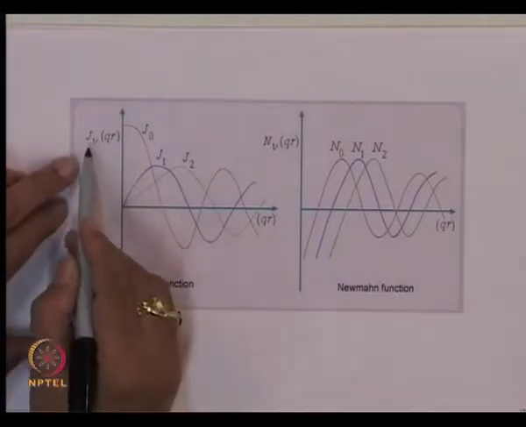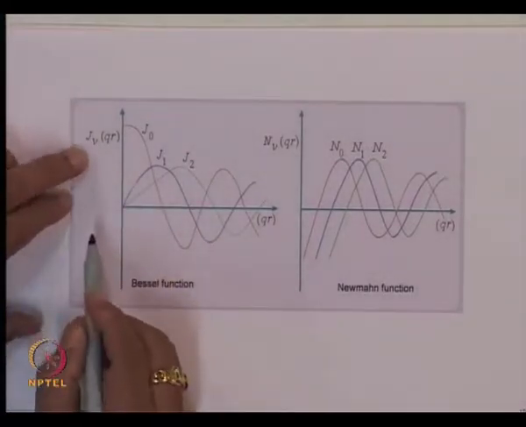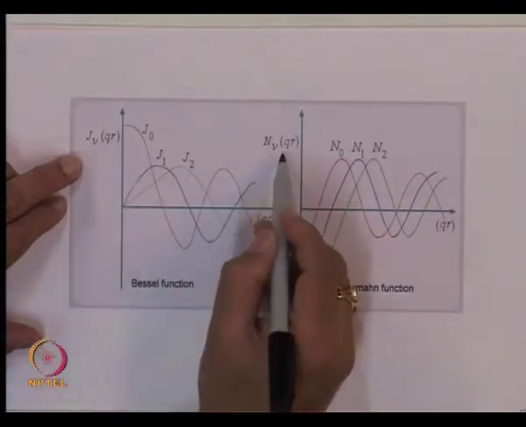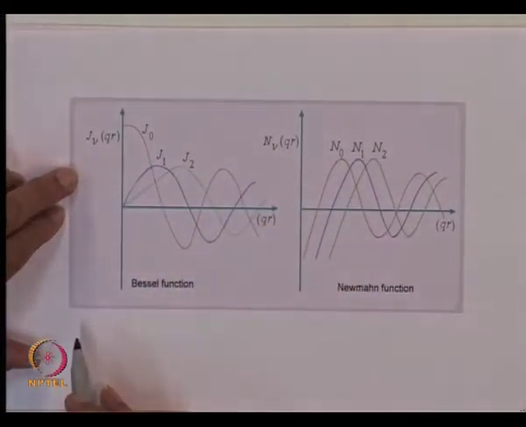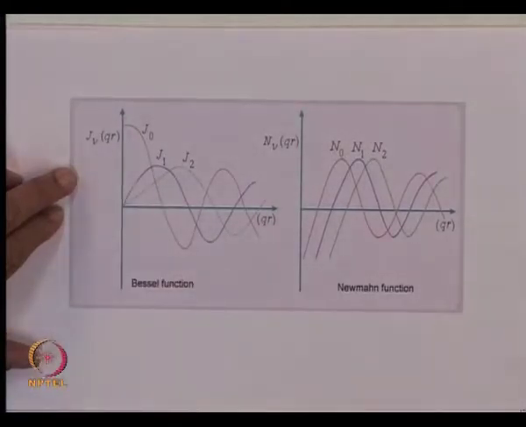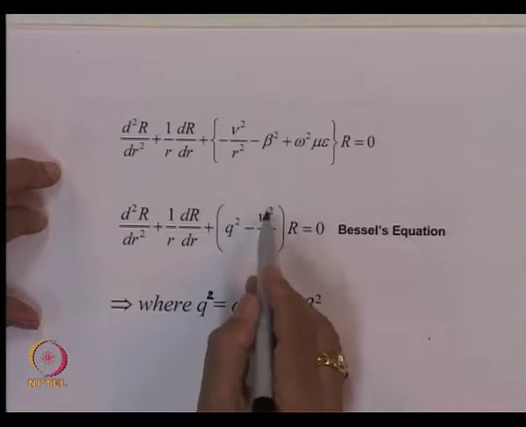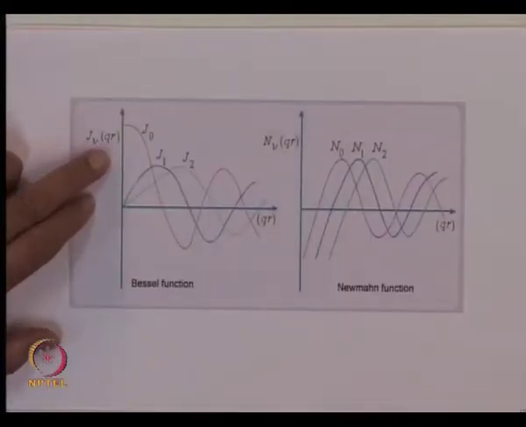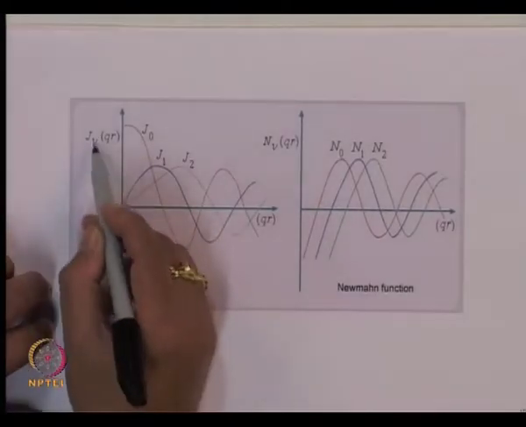These functions are denoted like this: this is J nu of qr, this is N nu of qr. This quantity nu is what is called the order of the Bessel function, and the quantity qr is what is called the argument of the Bessel function.